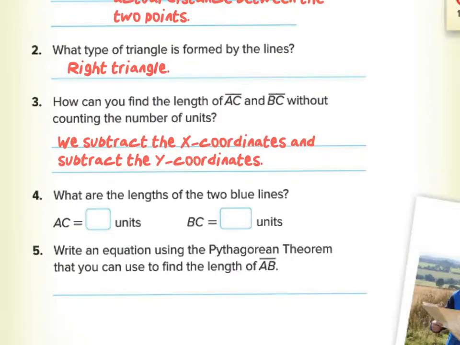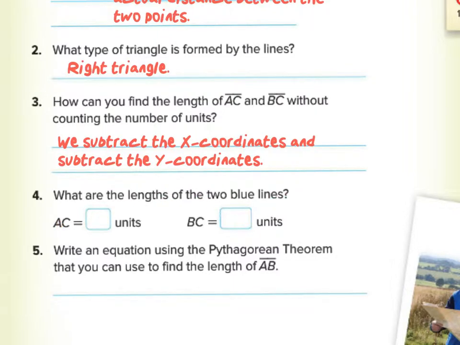So what do we do? We subtract the x coordinates and subtract the y coordinates. In other words, we find their differences. So we can do the difference of y2 minus y1 and the difference of x2 minus x1. What are the lengths of the 2 blue lines?